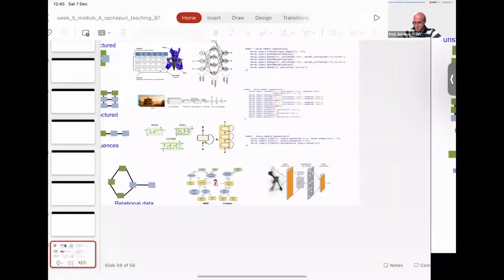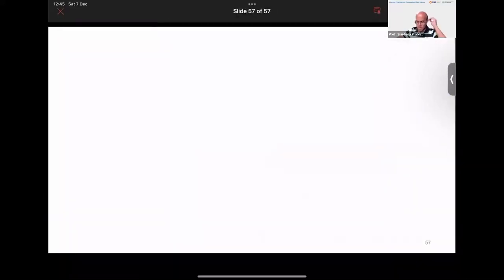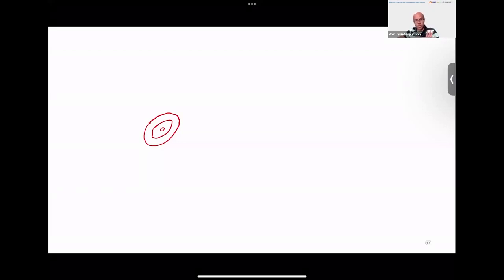Let me create a new slide. Typically, whenever you're training a neural network, the goal is that there is a loss function, and that loss function has some minimizer. Imagine that there is a valley and you're dropping a ball, and it should go down the valley. If there is one particular valley point, wherever you drop the ball, it will converge to that particular point.